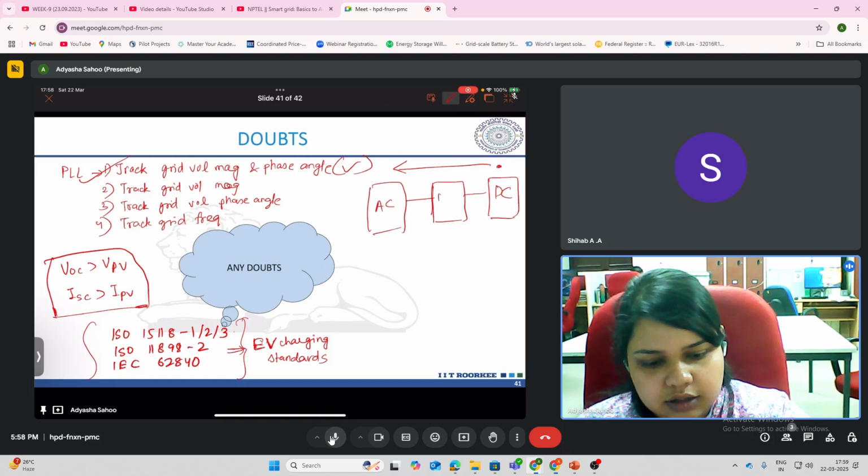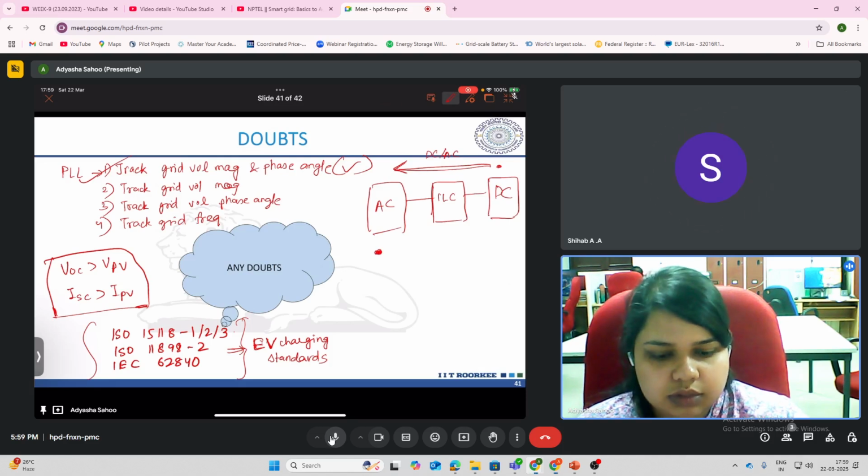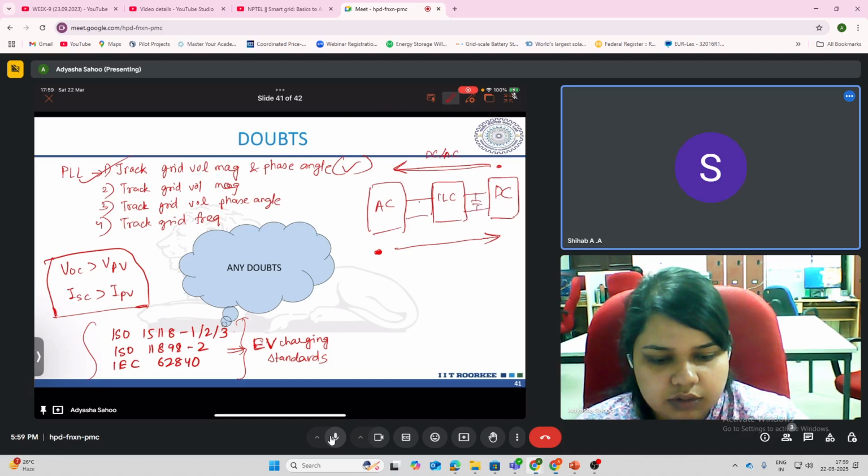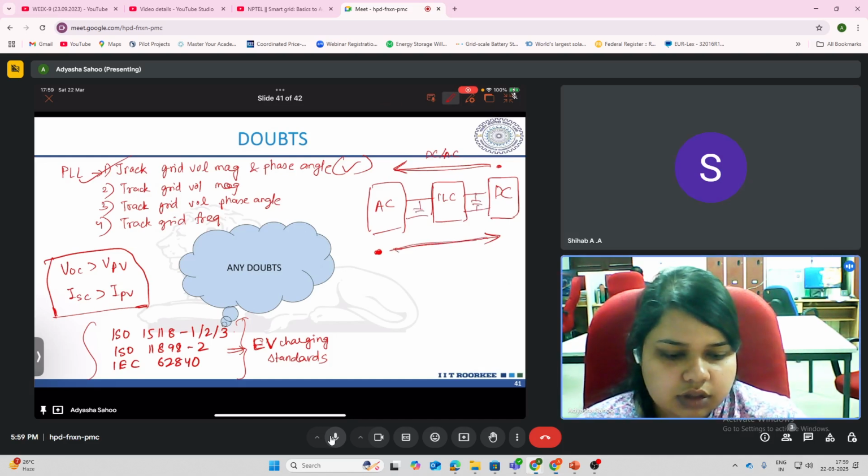Then this interlinking converter will act as a DC to AC converter. Similarly, if you have excess power generation from the AC side, you want the power flow in this direction. Depending upon that, the capacitor's voltage and all will be controlled.